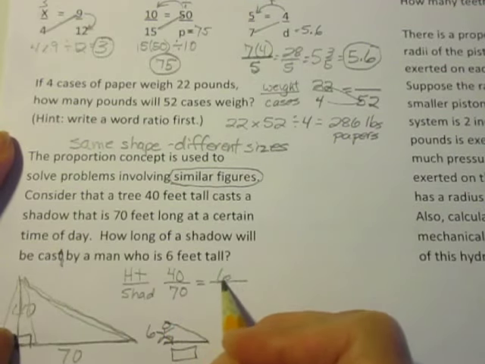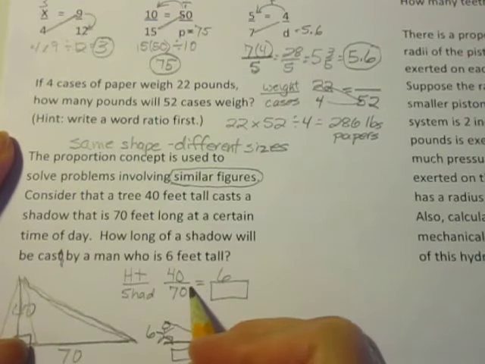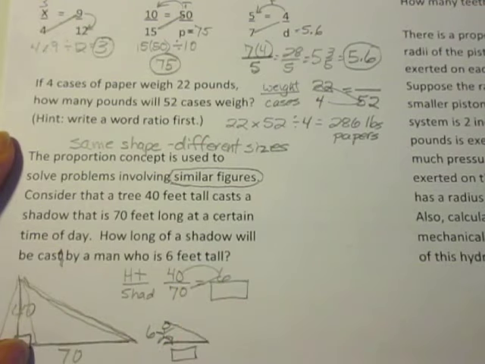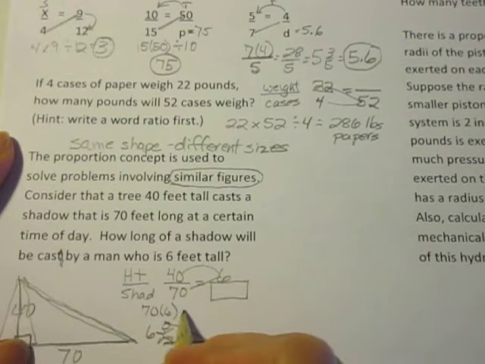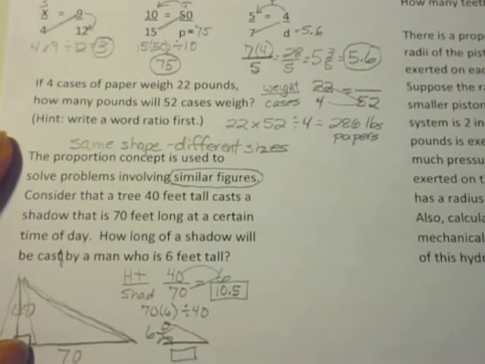He is 6 feet tall, and we want to figure out his shadow. Again, with your calculator, you would cross multiply and divide. What you would be plugging into your calculator is 70 times 6. Notice I'm using parentheses to communicate multiplication. And then I would divide by 40, and I should come up with 10.5 feet.